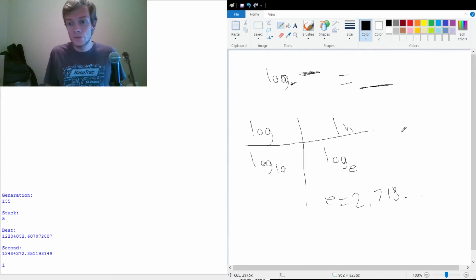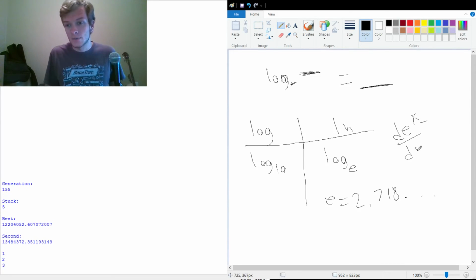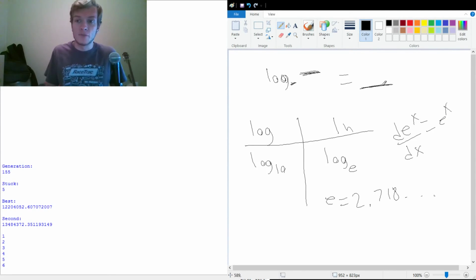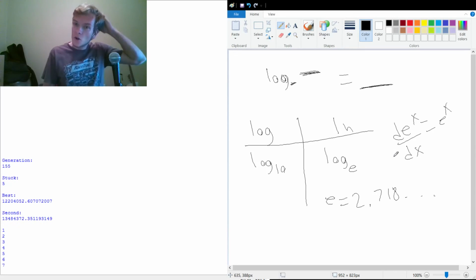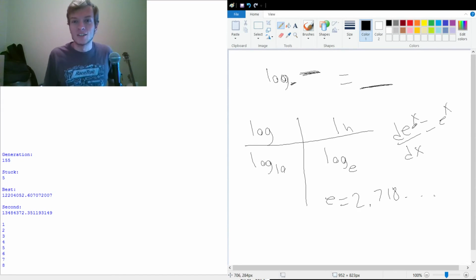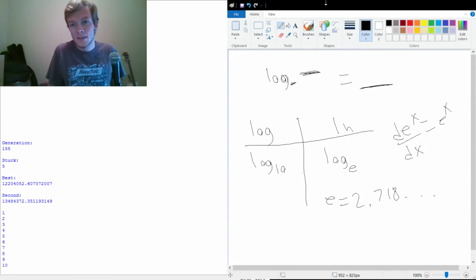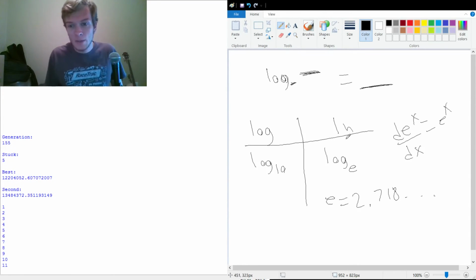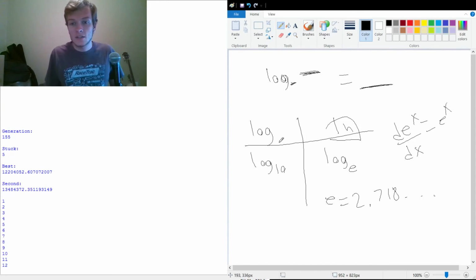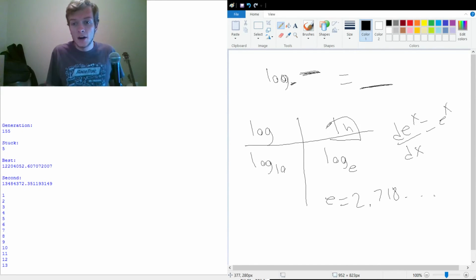There are some cool things about e. The derivative of e to the x, d e to the x over dx, is equal to e to the x, and it's the same for the integral. Its slope is the same as the position that it's at. So it's a little weird. These are the common things you'll see, and that's what you can usually use on your calculator.